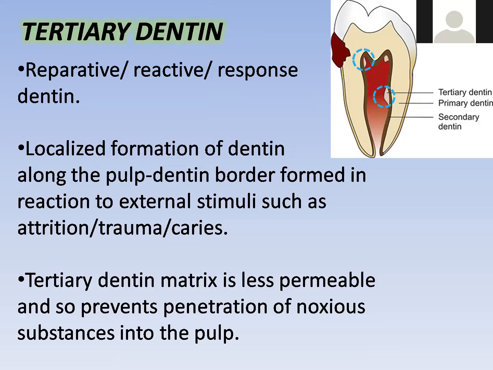So it is like a preventive mechanism if there is an insult to the tooth in the form of tooth restoration or attrition or trauma or tooth preparation. This tertiary dentin is formed so that toxic substances don't penetrate into the pulp. They are less permeable and prevent the penetration of toxic substances into the pulp.